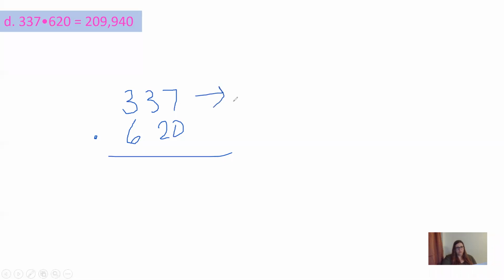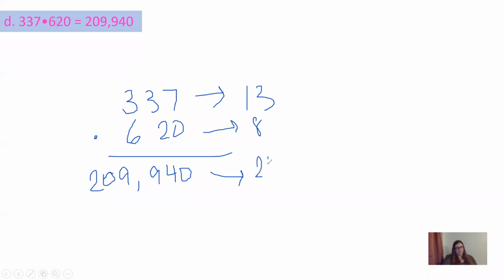So 3 plus 3 plus 7 equals 13. 6 plus 2 equals 8. If I were to add up the digits of 209,940, I'm going to get a total of 24. And 2 plus 4 is 6.